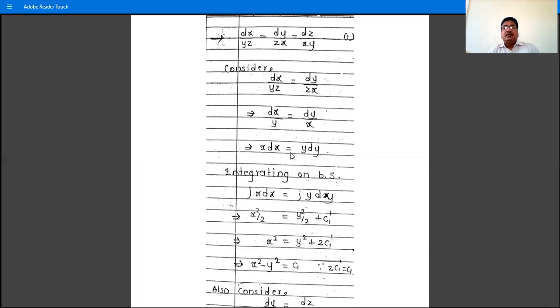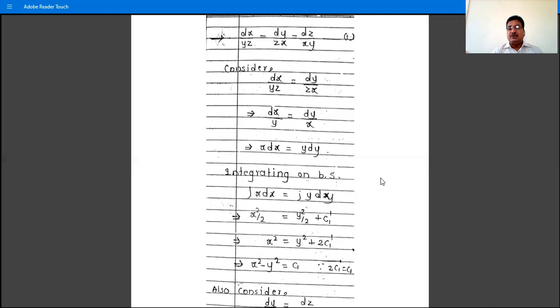But if we cannot separate the variables, then apply the second method, that is, either it is of the homogeneous type or the non-homogeneous type. There are special methods to solve homogeneous and non-homogeneous differential equations. If it is of the linear type, the basic form is dy by dx plus P(x) y is equal to Q(x), where P(x) and Q(x) are purely functions of x.